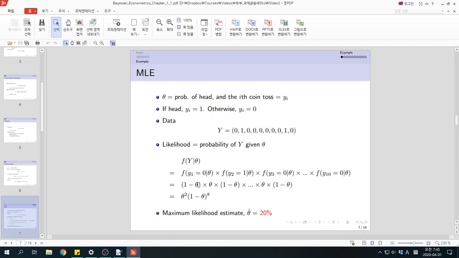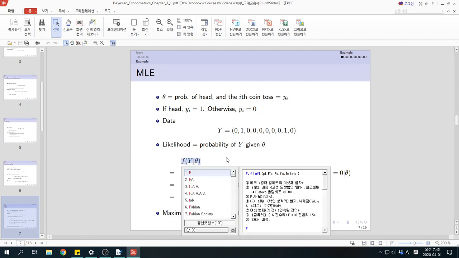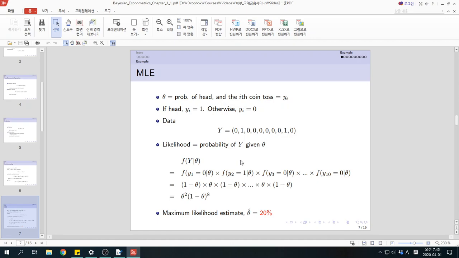If you put in 0.1, 0.6, 0.7, whatever, the function value will change, and it is maximized at a particular value of theta. That number is 0.2.